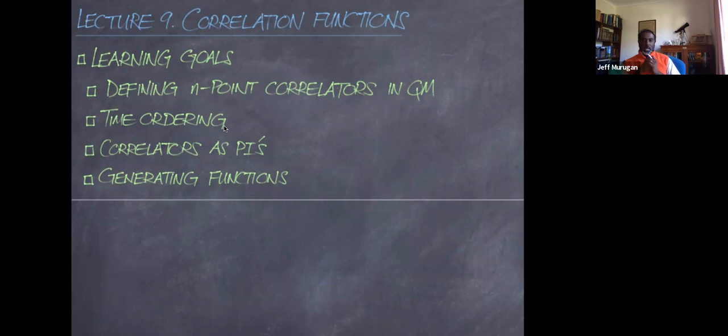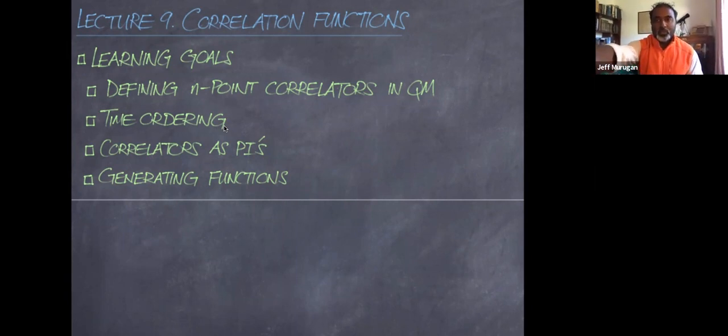This is going to be the analog. We're going to compute correlation functions in quantum mechanics, which are pretty straightforward to do. And then we're going to port this over to the quantum field theory of bosons and fermions a little later. But the heavy lifting, all the legwork, we're doing now in this section.